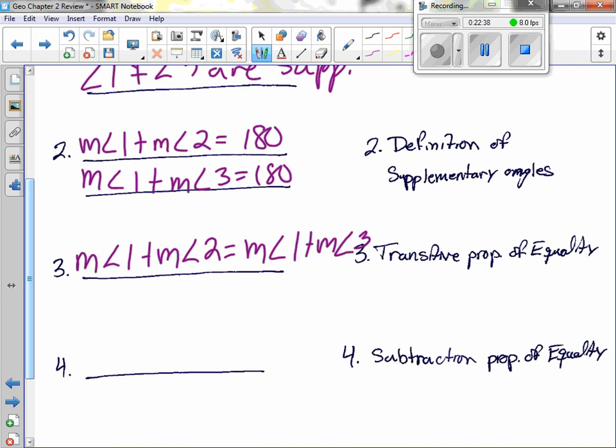So I can set these two equal to each other because they both equal the same thing. So you just pretty much wrote it out. Yep, because these are the same, yes? 180 and 180. So these should be the same. Okay.